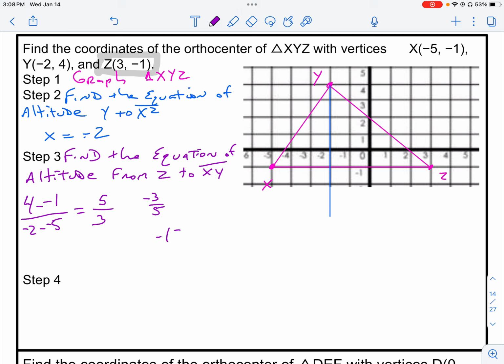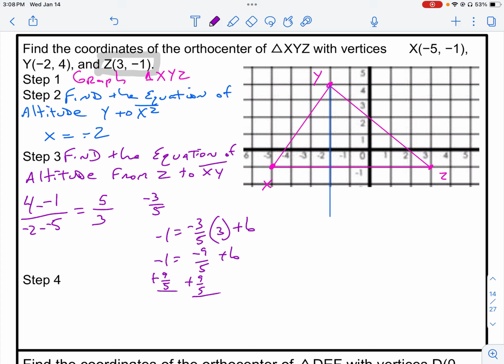So we get -1 equals -3/5 times x, which is 3, plus b. And so -1 equals -3 times 3 is -9, over 5, plus b. So we got to add 9/5 to both sides.